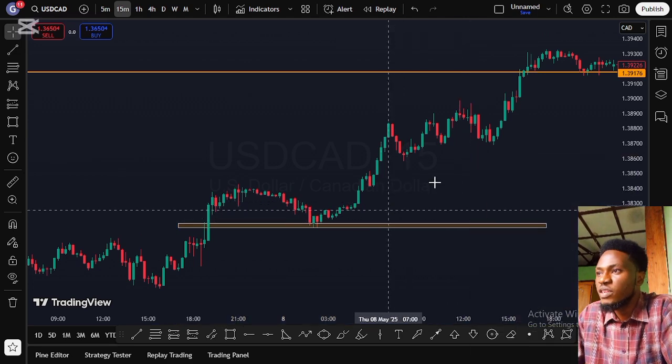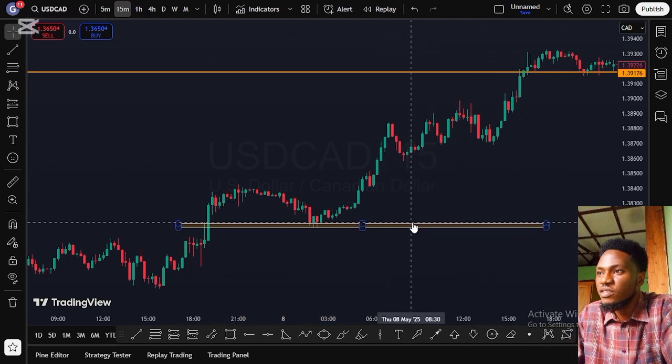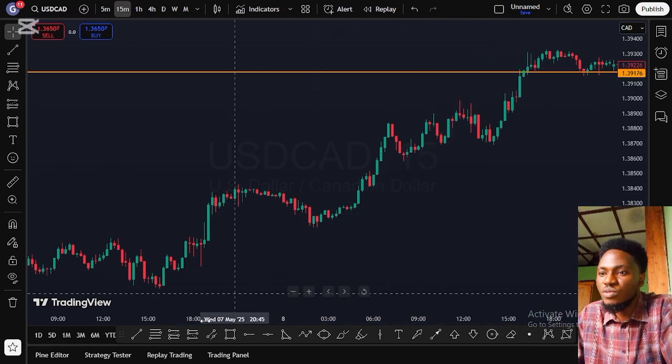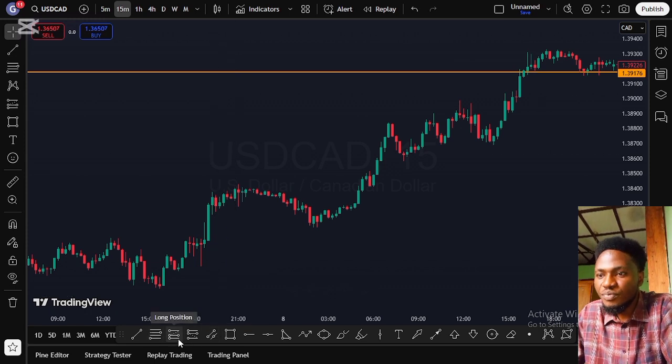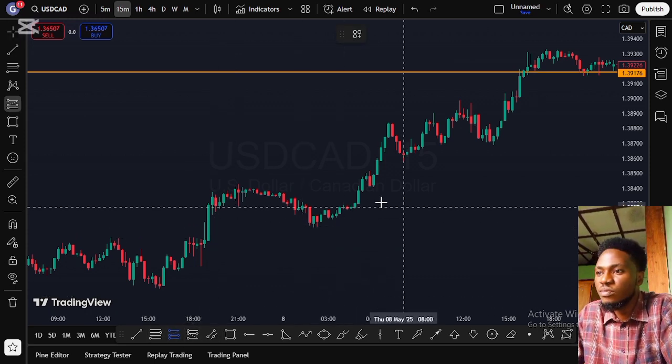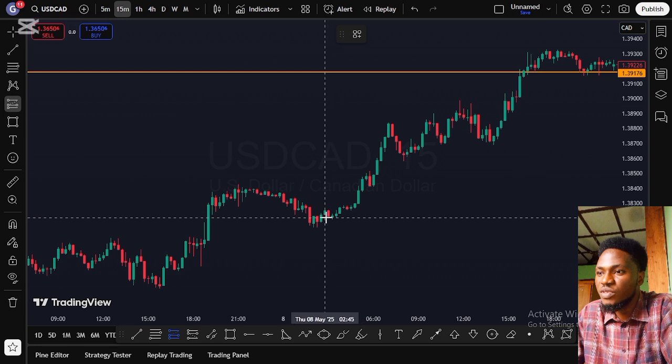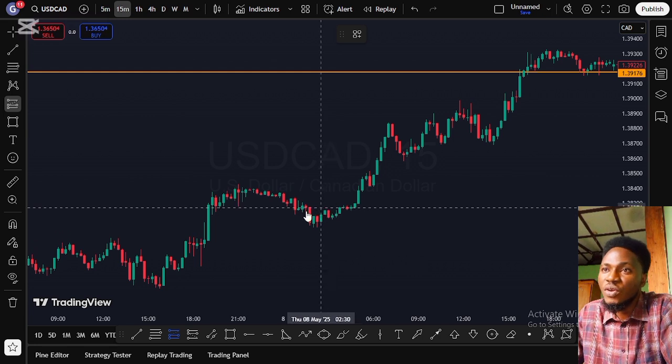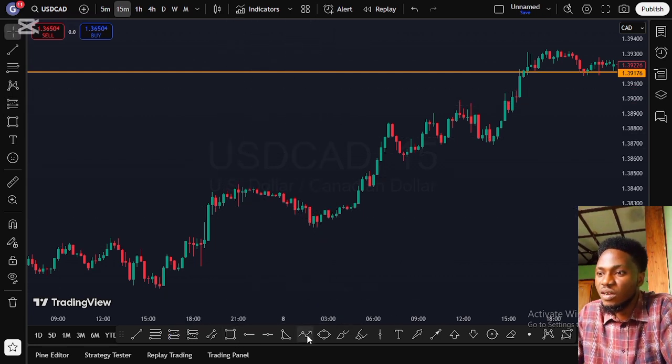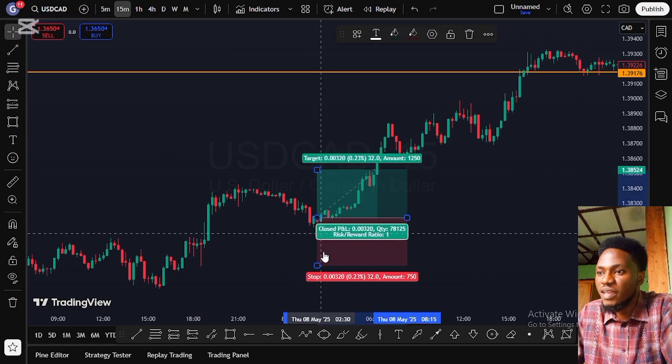So, very simple strategy. Now we just take a long position, which is our buy. This candle will be our entry candle, or you can still use the 1 hour, but whichever time frame is all the same. So I will just go ahead and buy this market here.